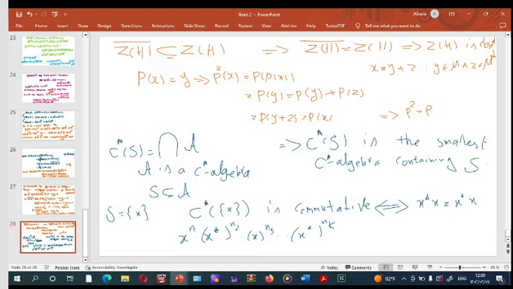It is very trivial that if we have this equality we can change this word to a word of the form x to the n power multiplied by x star to the n power.